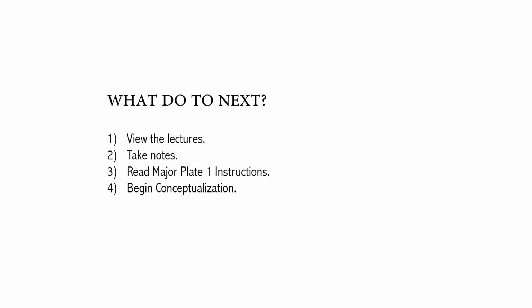So view the lectures, take notes, and at the end of those lectures, you have to know what are the 5 elements of interior space. And when you study these elements in the interior space, do not forget the elements of form. Do not forget the platform, the barrier of the walls, the window openings.